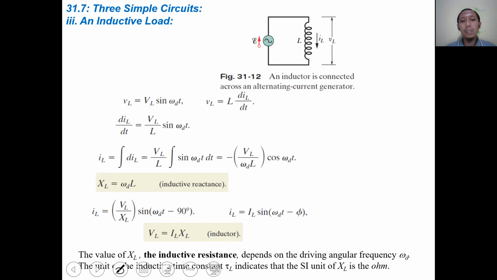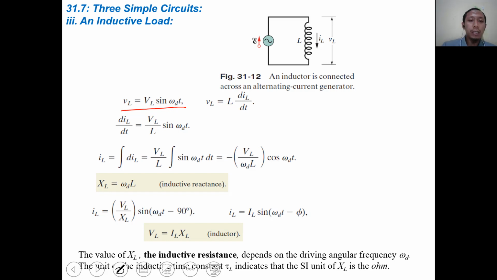And then for the inductor, the energy stored in the inductor is in the magnetic field, due to the currents. So for the inductor, the voltage leads the current. We can see that V_L is equal to V_L sin omega_d t.